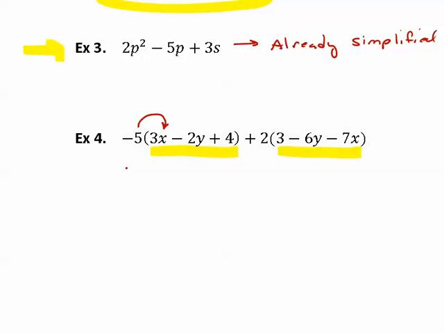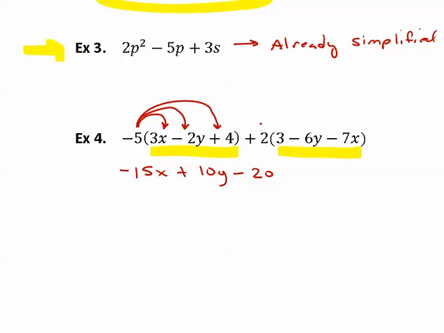So negative 5 times 3x is negative 15x. Now when I distribute to the second term, I'm going to call this not just 2y, but a negative 2y. So treat the operation in front of the term as the sign of that term. So negative 5 times a negative 2y is a positive 10y. And then finally, a negative 5 times a positive 4 is going to give us a negative 20.